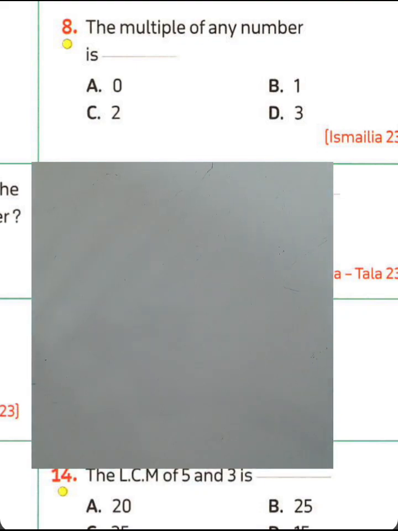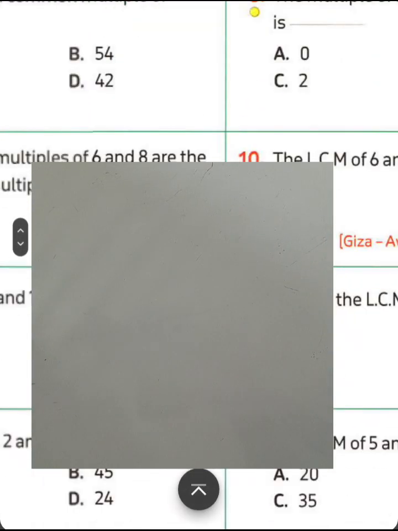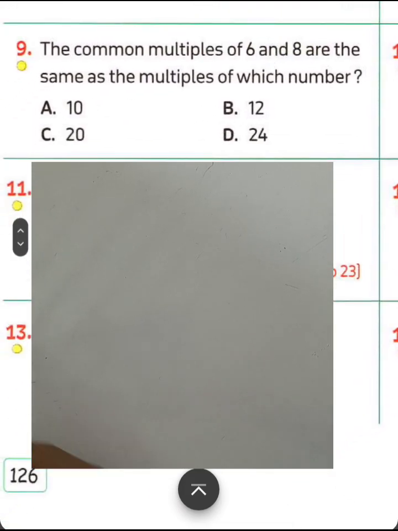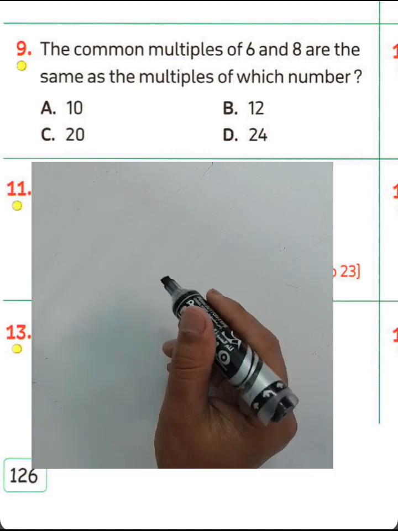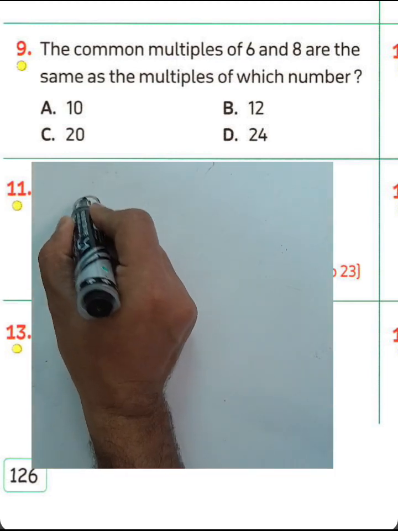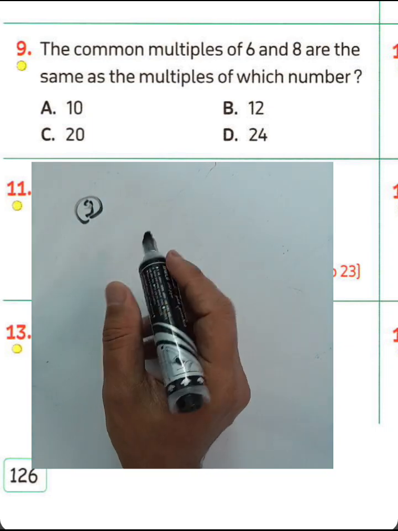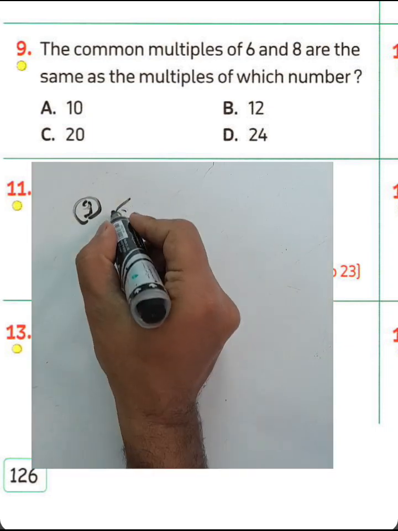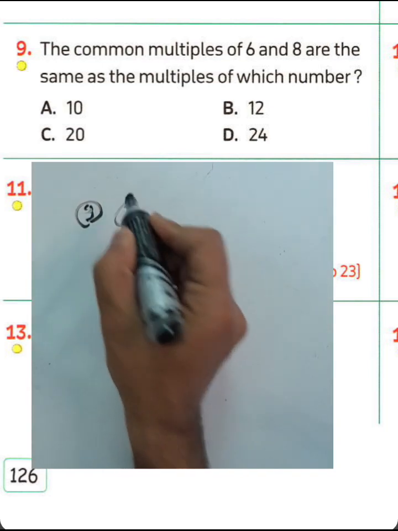Question number 9. The common multiples of 6 and 8 are the same multiples of which number? Common multiples of 6 and 8. Who can tell me?